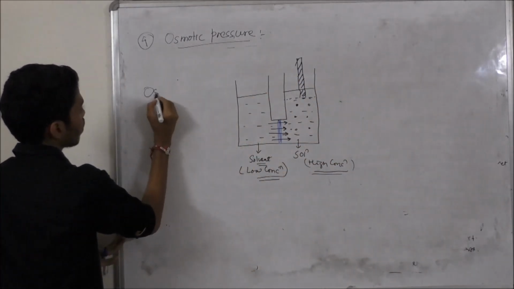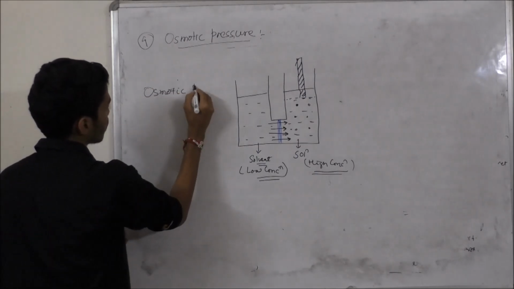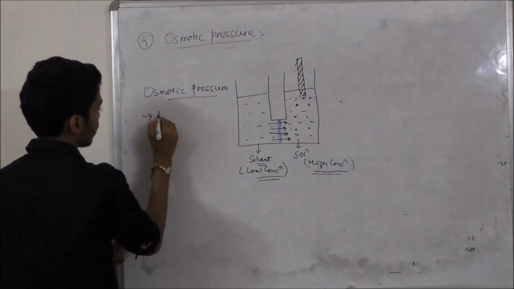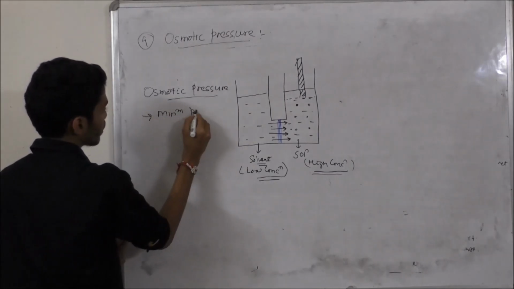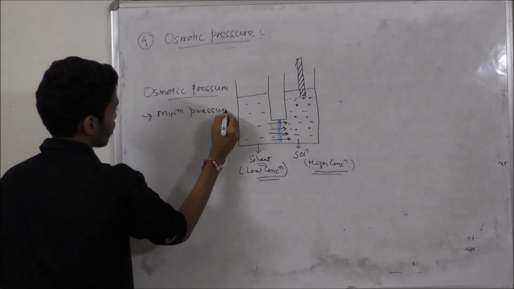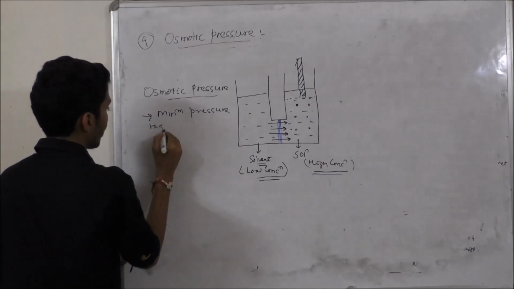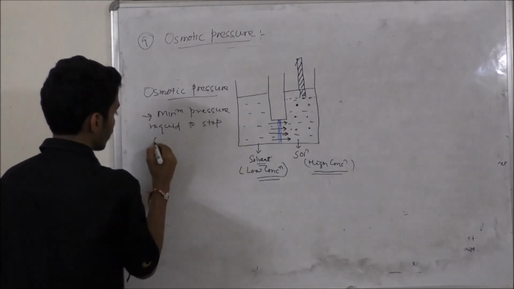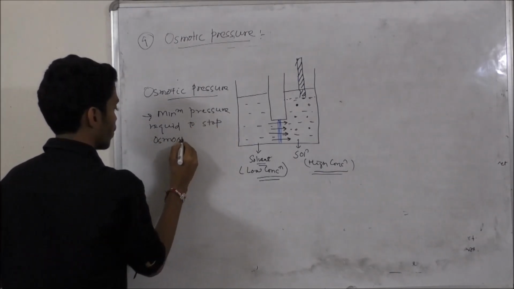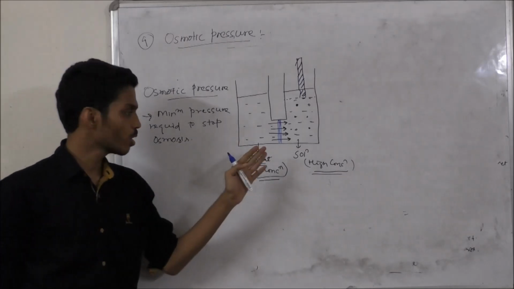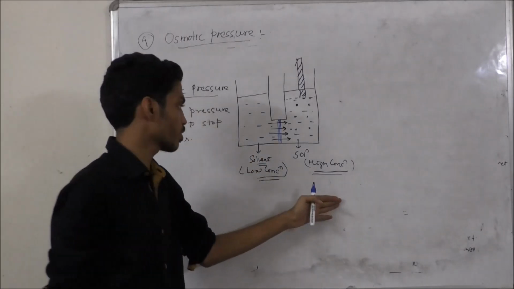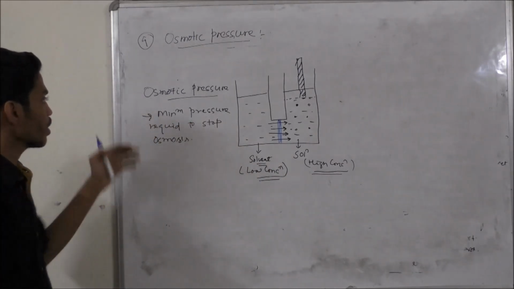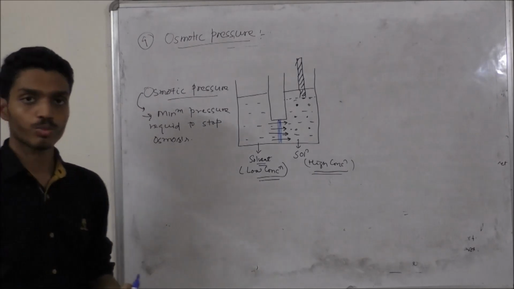Better you write it: osmotic pressure is the minimum pressure required to stop osmosis, because osmosis is the flow of solvent molecules from lower concentration side to higher concentration side. So if we want to stop osmosis by giving a pressure, that pressure will be the osmotic pressure.